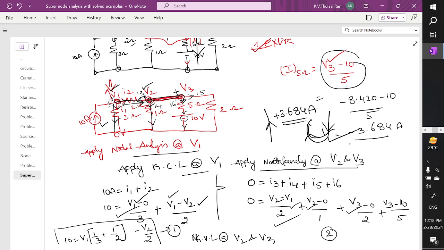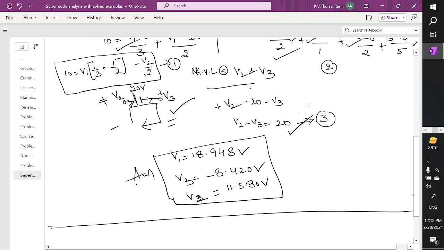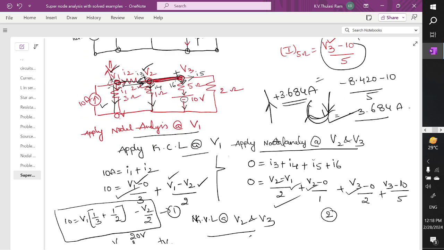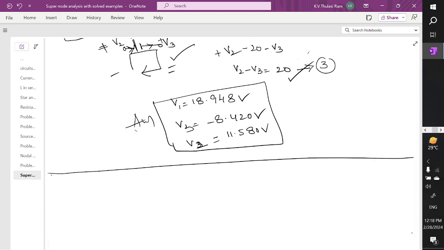In order to solve this supernode, we have to separately write down the equations for V1 and V2. Then I'm going to get a third equation. Solve the three equations, then you can find out the different voltages at V1, V2, V3. So this is how to solve a problem whenever it is given this supernode analysis.